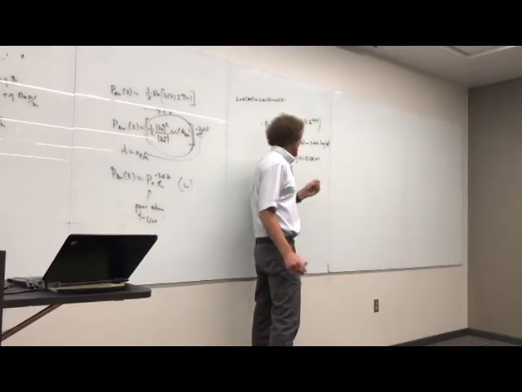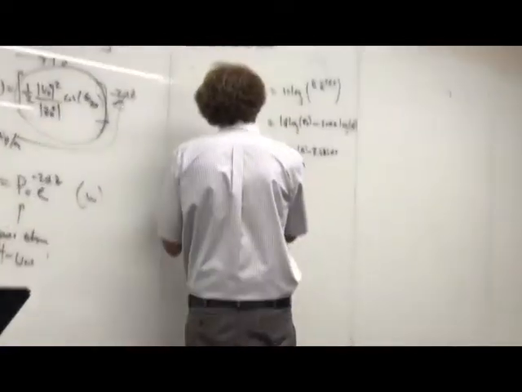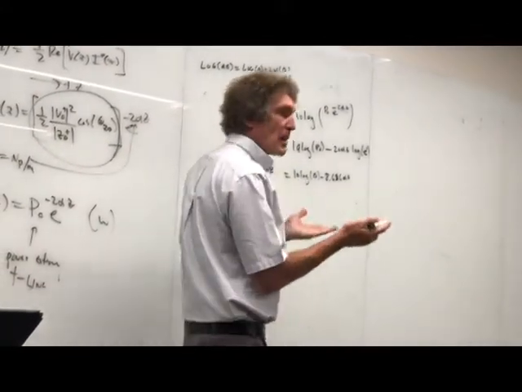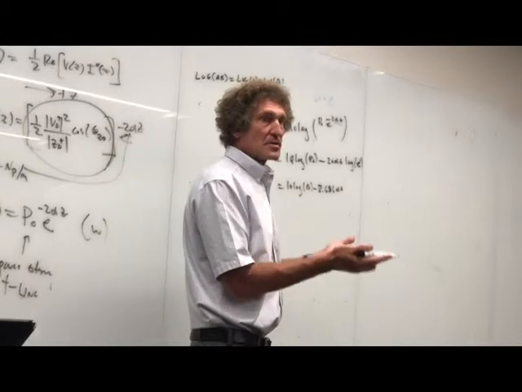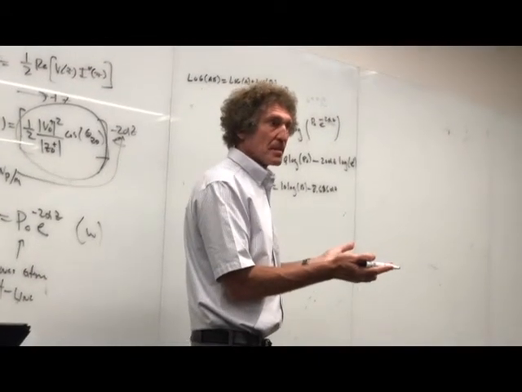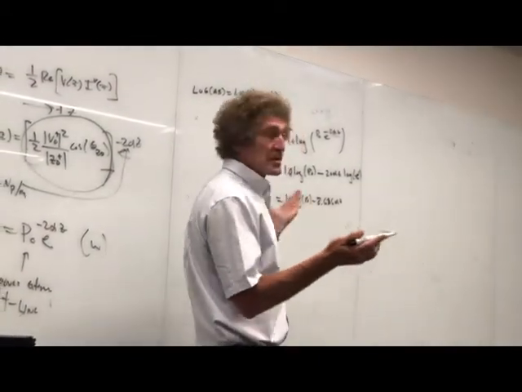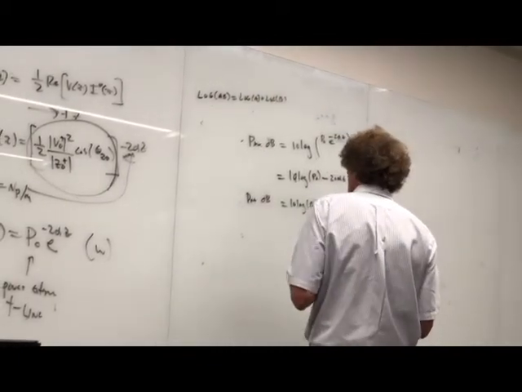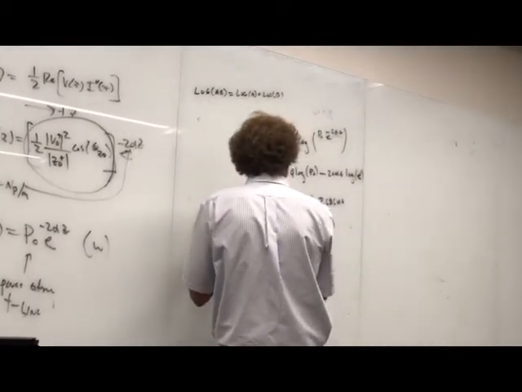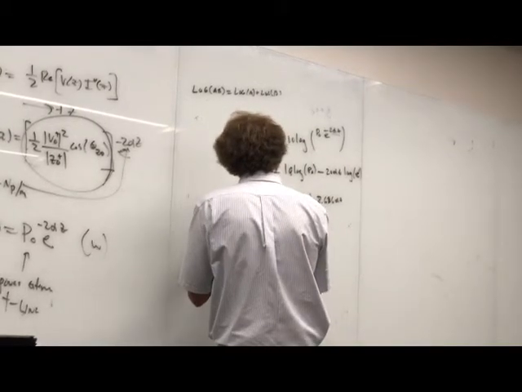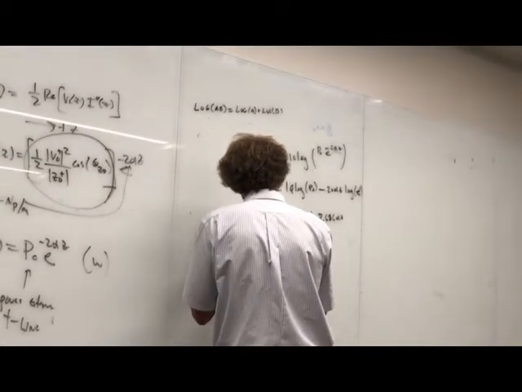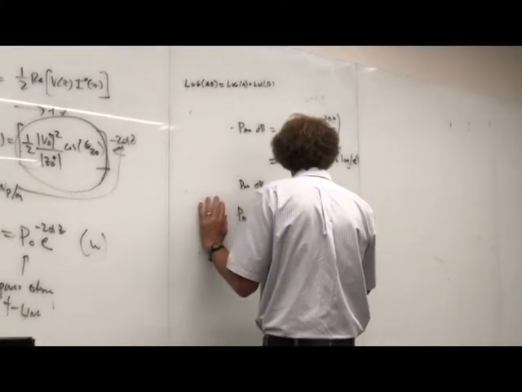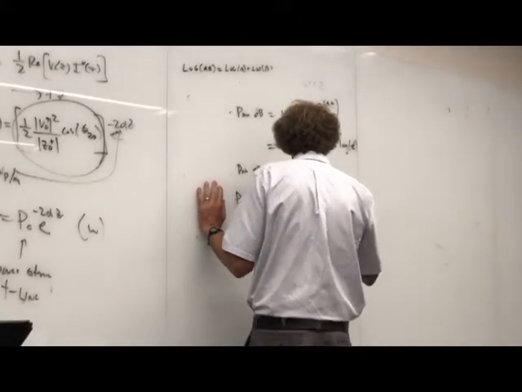Now remember, that's the average power flowing, in dB. Well, how much loss occurs per meter? As a matter of fact, we can do it this way. If I go 1 meter down the line, first, P average in dB at z equals 0 would be 10 times the log of P0. Do you all see that?